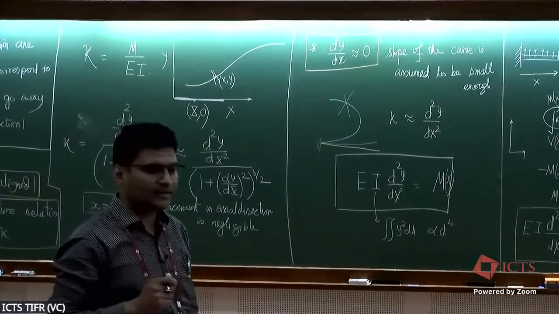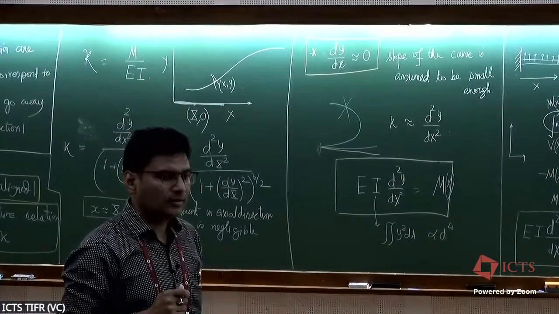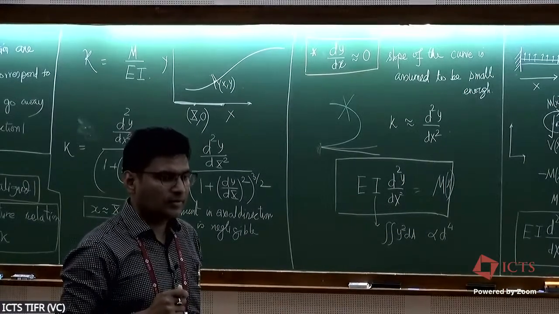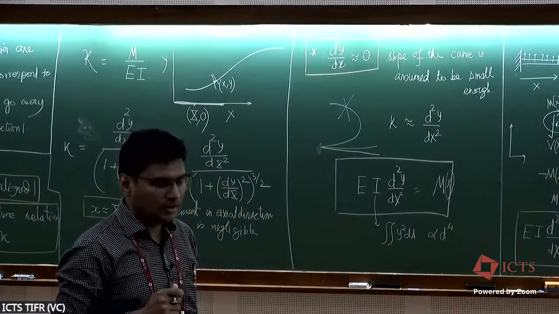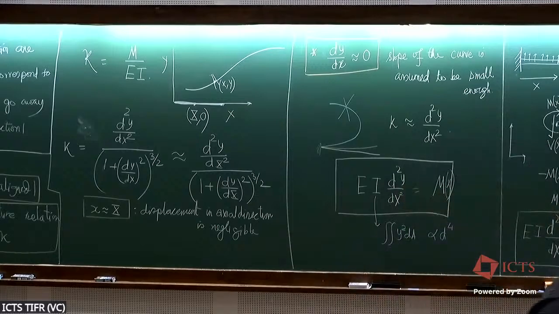Can we see Euler-Bernoulli as G goes to infinity? Or GA goes to infinity, then you recover it. Yes, because once that happens, then the shear strain that generates will be very small, right?